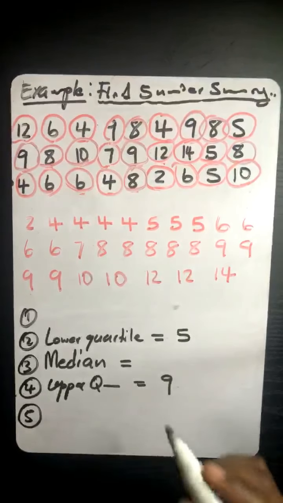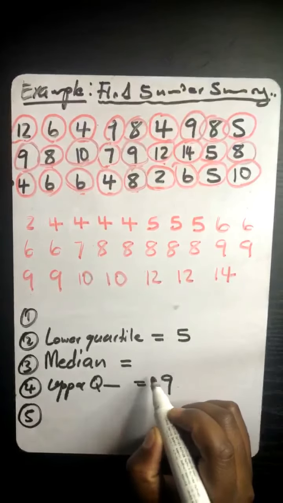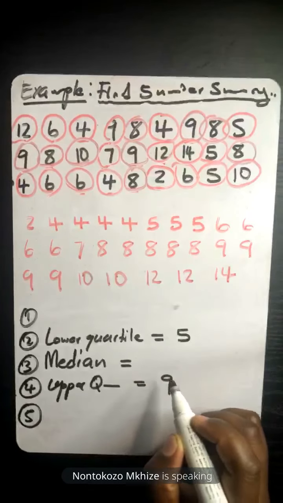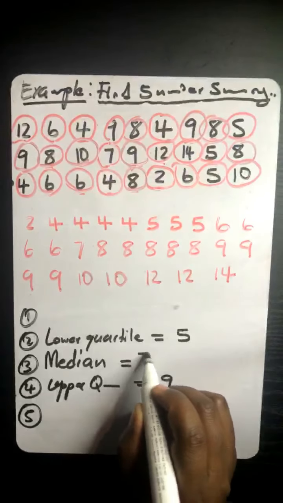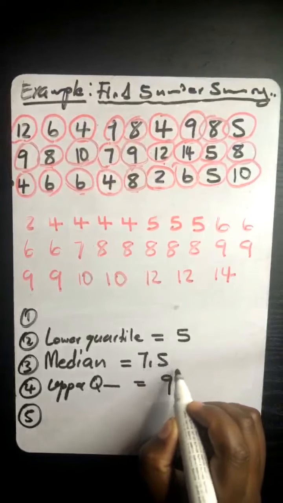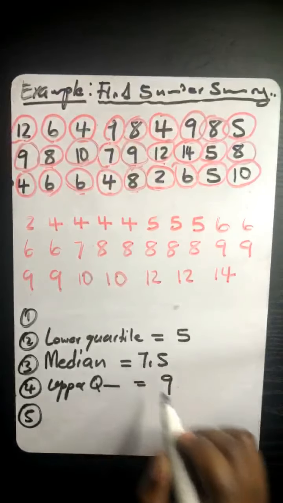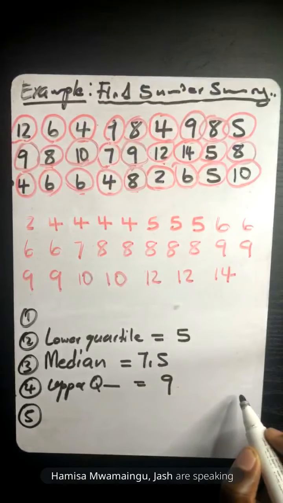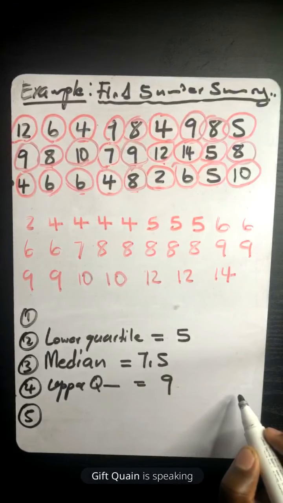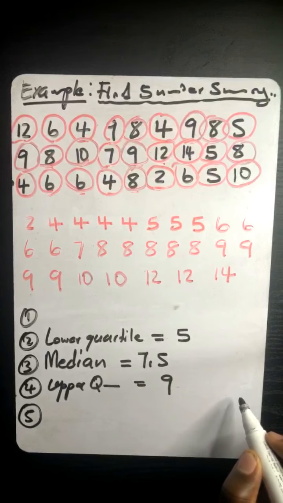Nontokos, what did you get? I got 7.5. Did you also get 7.5? I got 8. I also got 8.